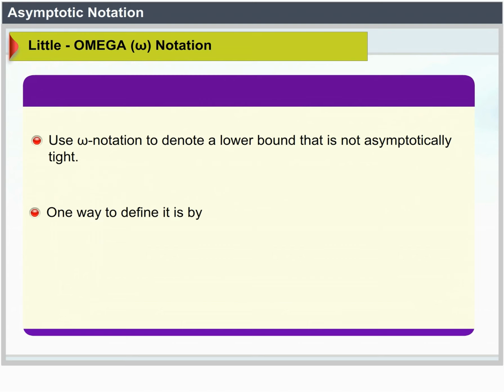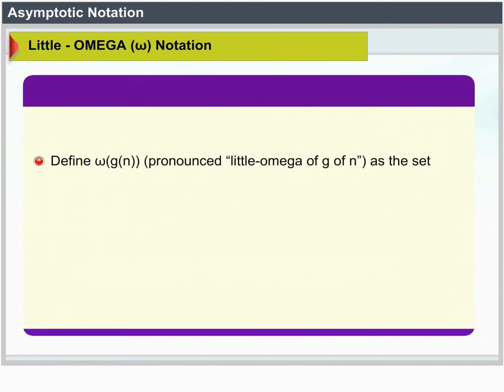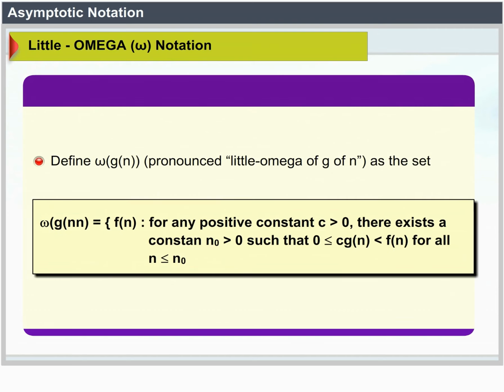One way to define it is: f(n) belongs to ω(g(n)) if and only if g(n) belongs to o(f(n)). Define ω(g(n)) as the set of f(n) such that for any positive constant c > 0, there exists a constant n₀ > 0 such that 0 ≤ cg(n) < f(n) for all n ≥ n₀.